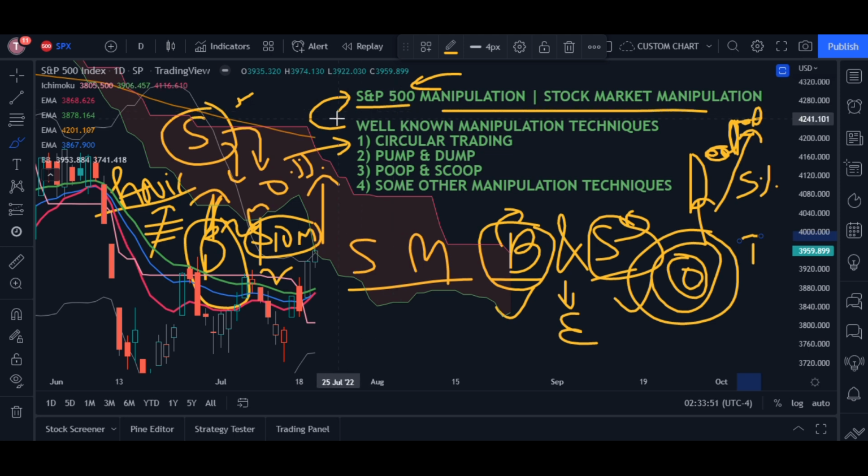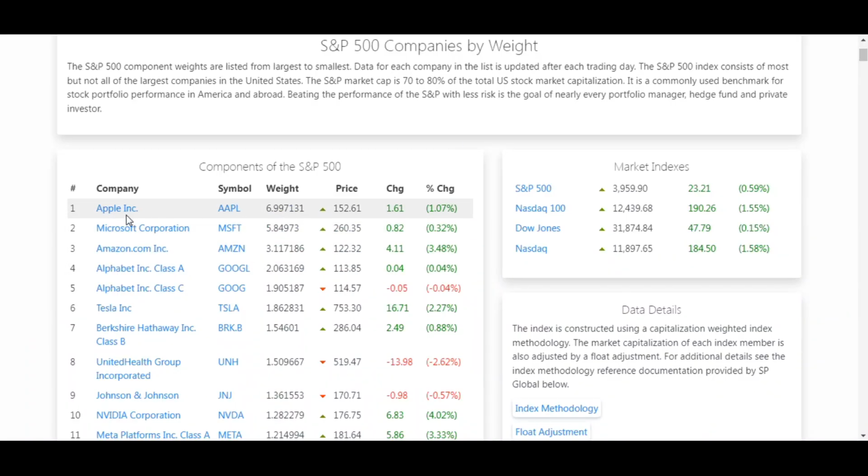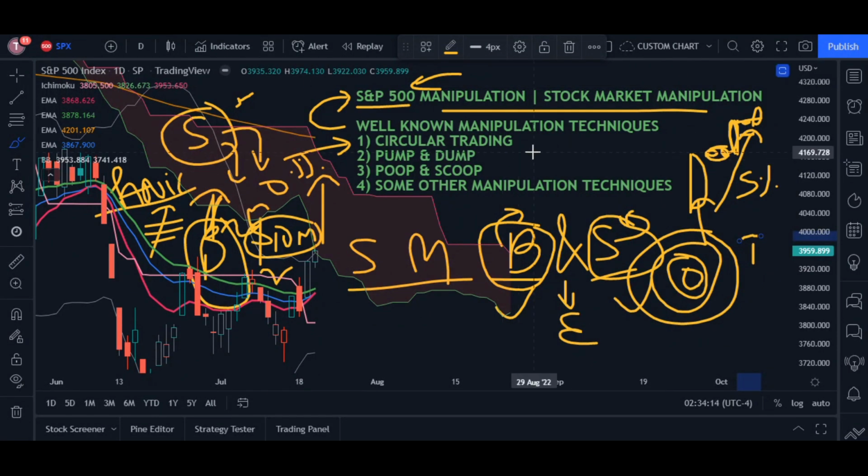Because in order to manipulate an index, the manipulators have to pump a lot of money, and secondly, they need to pump a lot of money in multiple heavyweights. When I say heavyweights, in this case Apple is 7%, Microsoft is 6%, Amazon is 3%, so they need to pump the money at the same time in multiple heavyweights, so that there will be an aggregate.